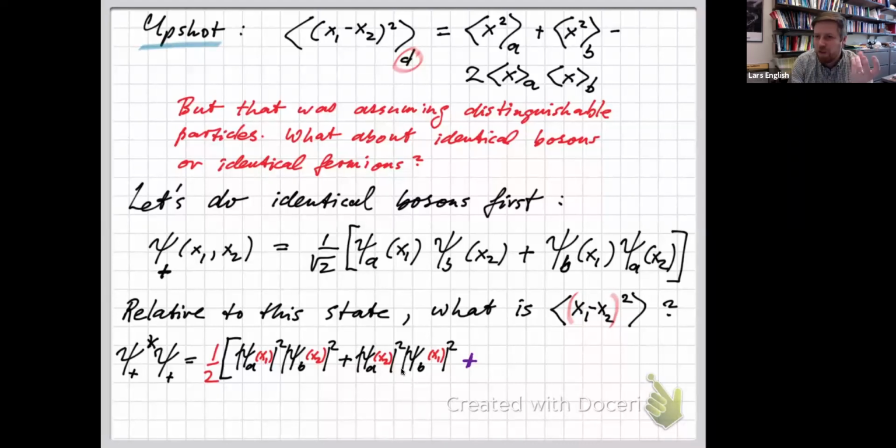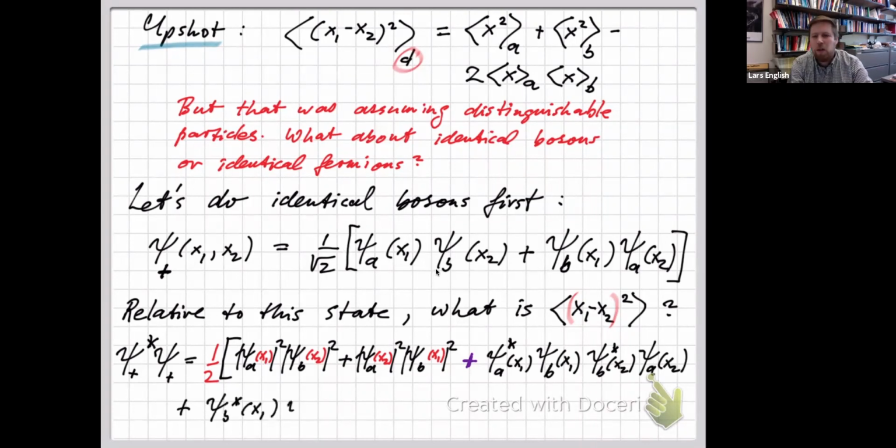There's two more terms that we have to consider. It's this star times that, which is my next term here, and then it's this star times that, which is my fourth term there. So here are all the four terms. And that is my psi star psi for that particular two-particle state that goes along with bosons.